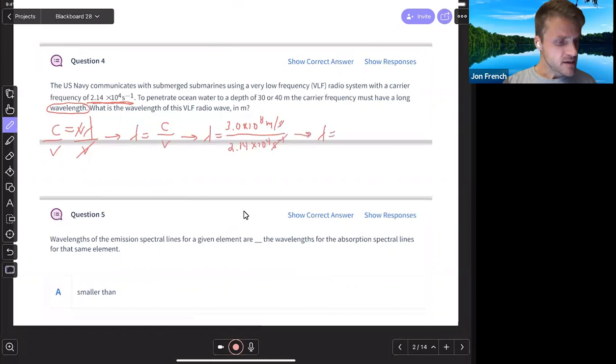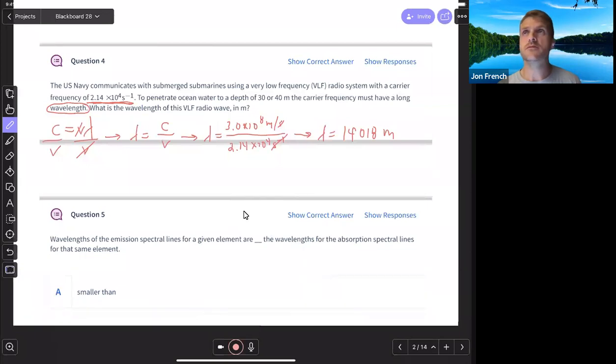So 3 times 10 to the 8 divided by 2.14 times 10 to the 4. And we get something like 14,018 meters, so like 14 kilometers.